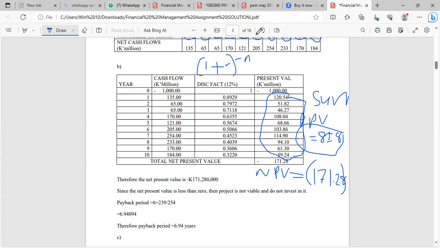You said then minus what? Minus 1,000. It's giving me negative 86.13.